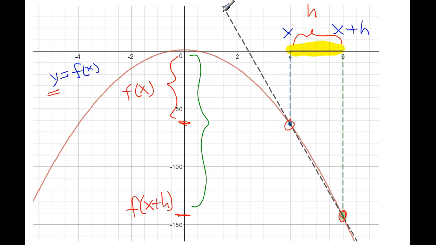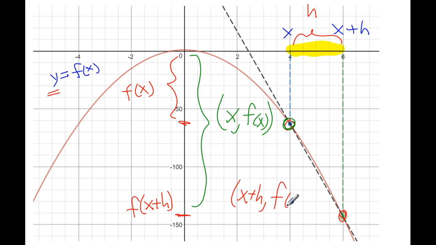Now the black line, this is where the actual difference quotient comes from. The coordinates of this point right here are x, f of x. Remember, that's x, y, so x, f of x is the coordinate of that point. And the coordinates of this other point would be x plus h, comma, f of x plus h.